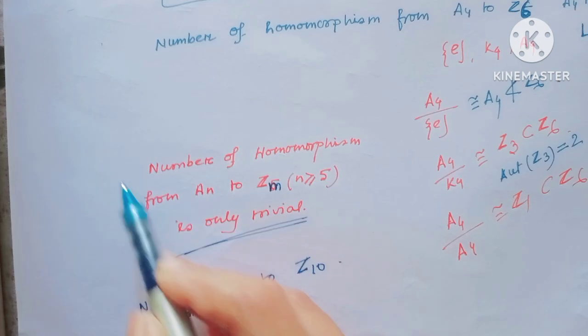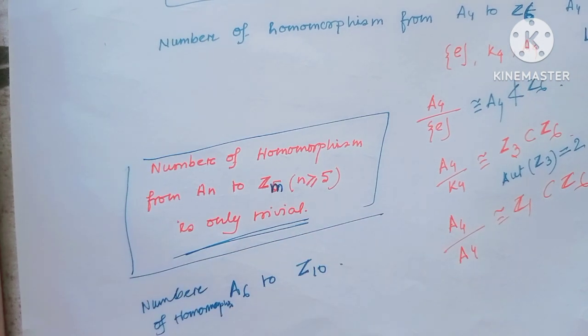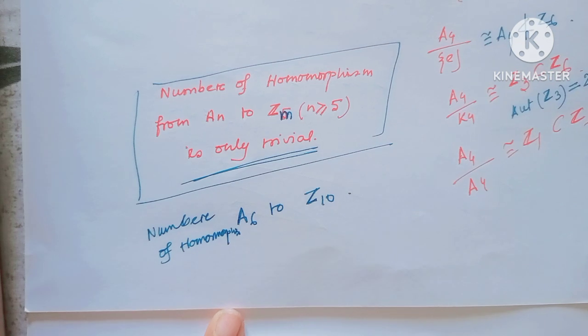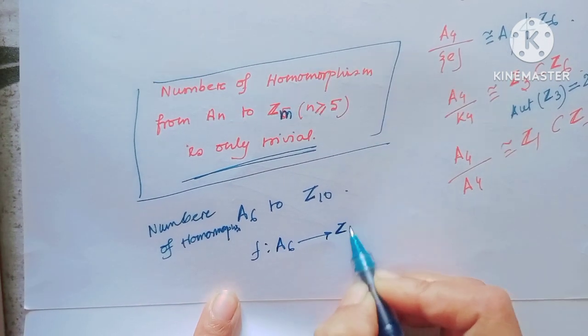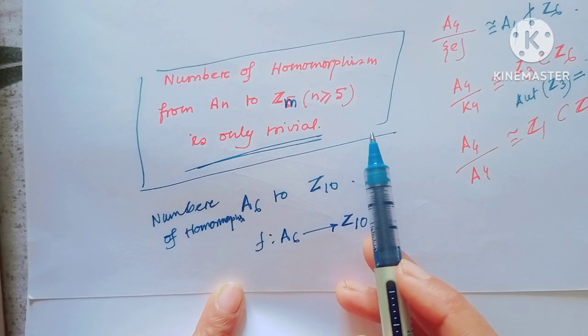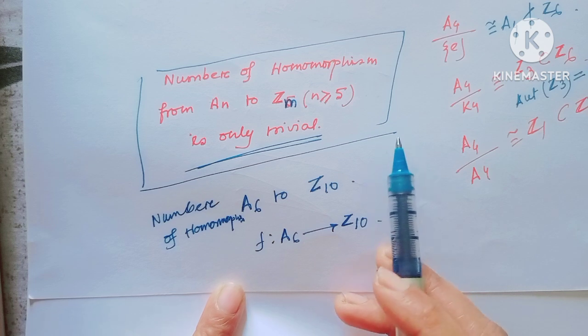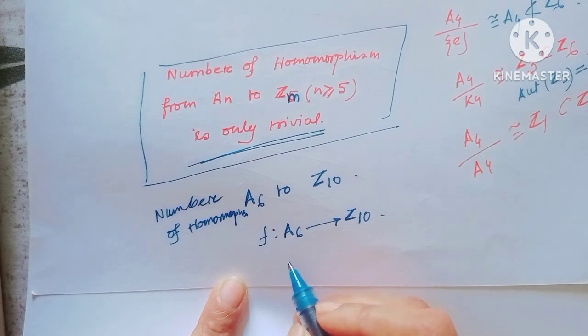Now I will say the number of homomorphisms from An to Zm when n is greater than or equal to 5. This is actually the trivial homomorphism. If we consider a homomorphism from A6 to Z10, when n is greater than or equal to 5, An is a simple group, which means the only normal subgroups are the identity and A6.